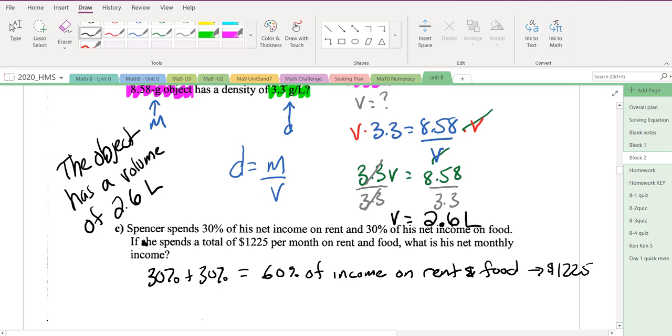So now this becomes very similar to the very first question. So you give a percentage of something is equal to this, right? Remember, of just means multiply. So turn the percentage into a decimal of his income is 1,225. So what is his income? What is X? Right? So just remember, when you see the word of, that translates into multiplication.